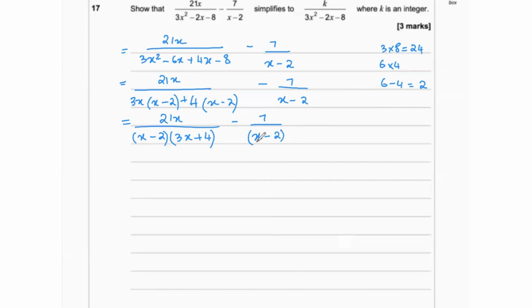Whenever we're adding or subtracting fractions with unlike denominators, we know that we have to make the denominators equal. So to make the denominators equal, I'm going to multiply this fraction by 3x plus 4, both the numerator and the denominator.